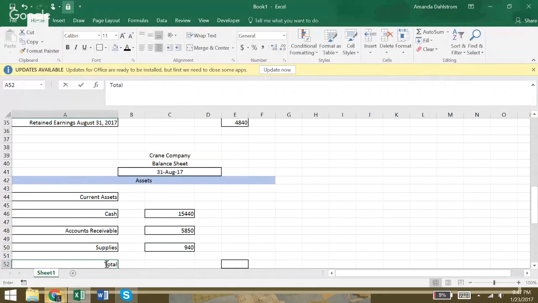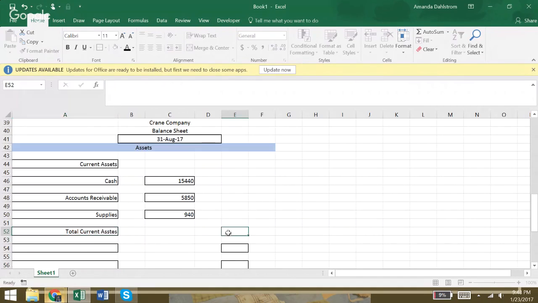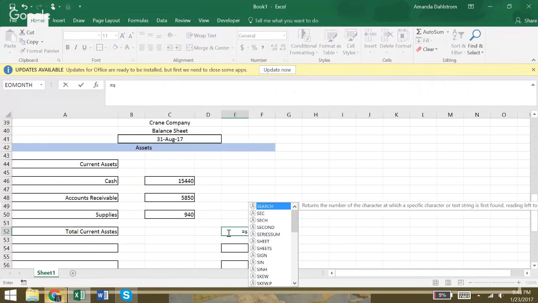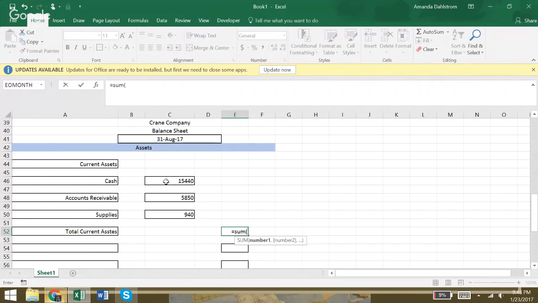We're going to go ahead and total our total current assets. And that's going to equal the sum of our cash, accounts receivable, and supplies, which is 22,230.